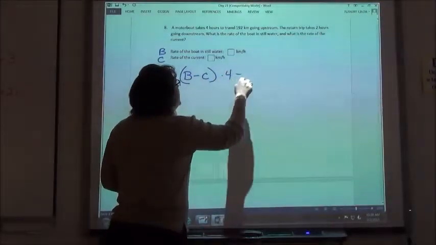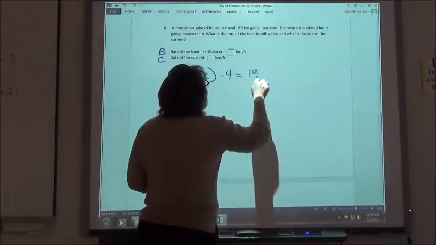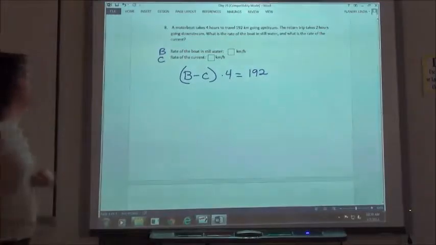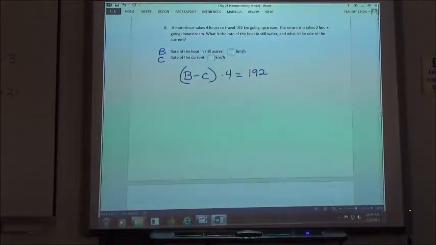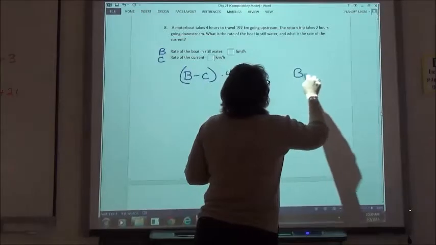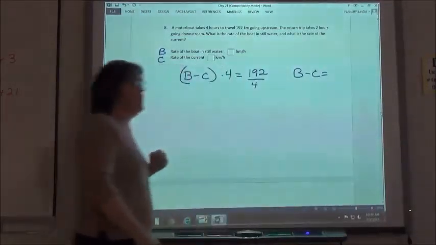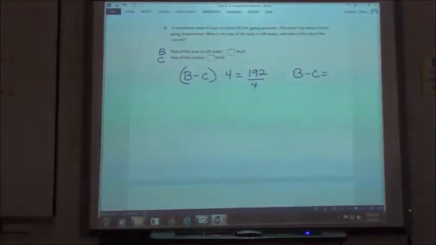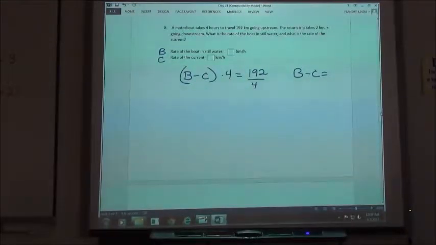The distance is 192 kilometers. So my rate times my time equals my distance. Again, they're going to divide by that 4 right away. So if you divide that by 4, B minus C is going to equal 48.